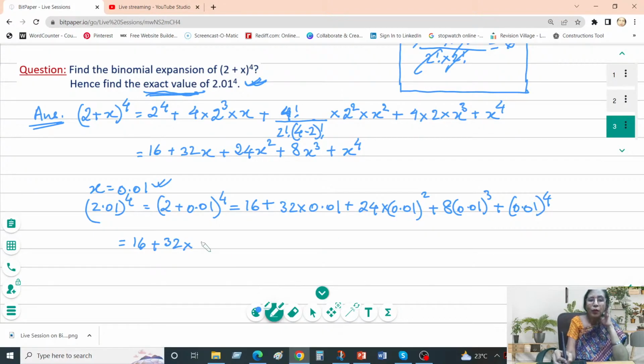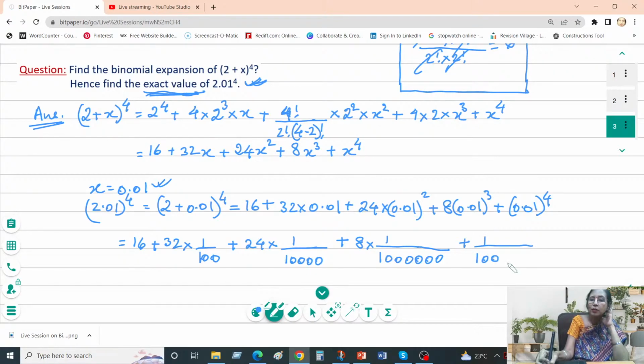So this will be 32 times 1 over 100, plus 24 times 1 over 100 whole square, so it will be 1 over 1 followed by 4 zeros, plus 8 times 0.01 to the power of 3, 1 followed by 6 zeros, and finally 1 followed by 8 zeros in the denominator.